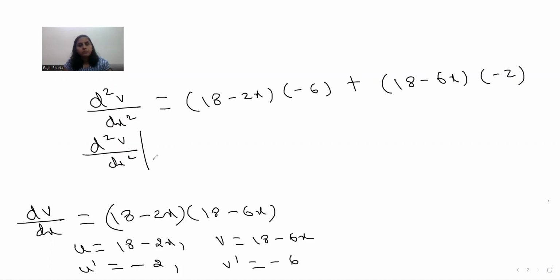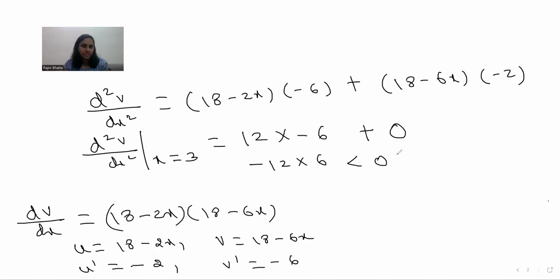So if I put x equal to 3, this will be 18 minus 6, which is 12, into minus 6, plus 18 minus 18, 0. So this is minus 12 into 6. Without calculating it, I can write that this is less than 0. And since the double derivative is less than 0, this implies volume is maximum at x equal to 3.